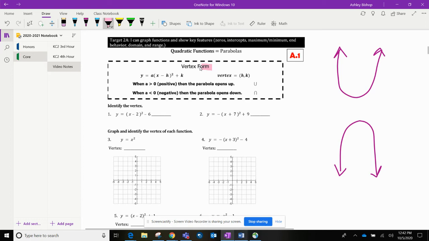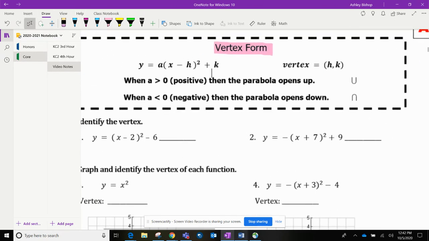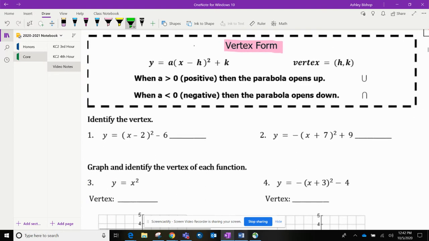And today we're only going to focus on the vertex and the vertex formula and determine whether our parabola opens up or down. So this is going to be a very important formula that we are going to be using all day today. Where your vertex is, we're going to pull H out of our formula and pull K out of it, and that'll tell us our vertex.